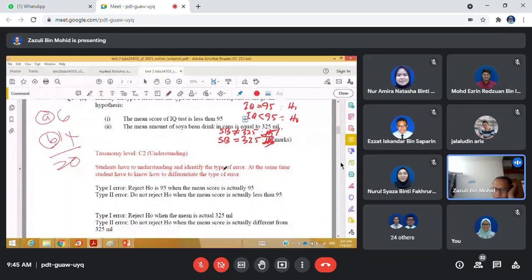And do not reject H0. This one is for the H0, this is H1. Reject H0 when the mean is actually, yeah, sorry, reject H0 when the mean score is actually 95. And do not reject H0 when the score is actually 95. So like this. So this is the statement in the question.